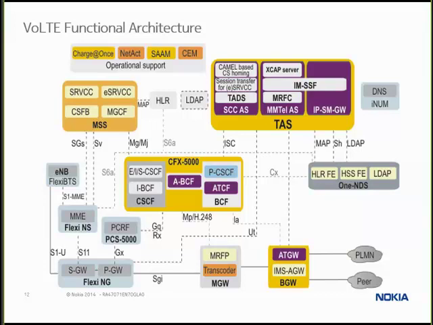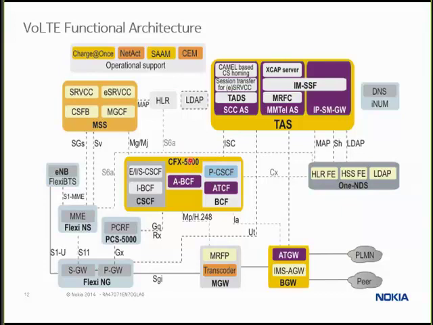Operational support. How is that dealt with in voice over LTE when you talk about operational support? There is no standardized link. All the links that have lines here have standards assigned to them. The operational support section is our Nokia specific implementation of how we monitor the MSS, how we monitor the TAS, how we monitor the CFX 5000.